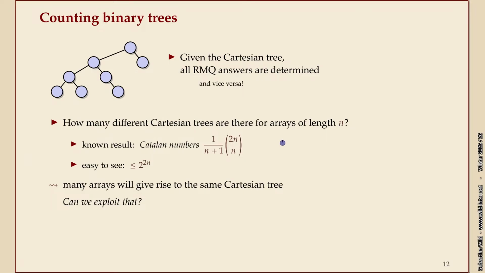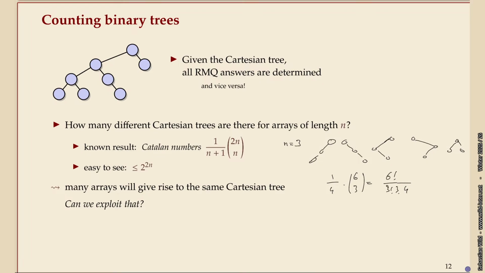For example, if you set n to 3, then there are 5 options. There's this tree, a lopsided one, the symmetric one, and the balanced one. And hopefully if you insert 3, this works out. So it's 1/4 and then 6 choose 3, otherwise known as 6 factorial over 3 factorial times 3 factorial, and the 4. So you have the 6 factorial, 6 times 5 times 4. There's only the 6 times 5 left.